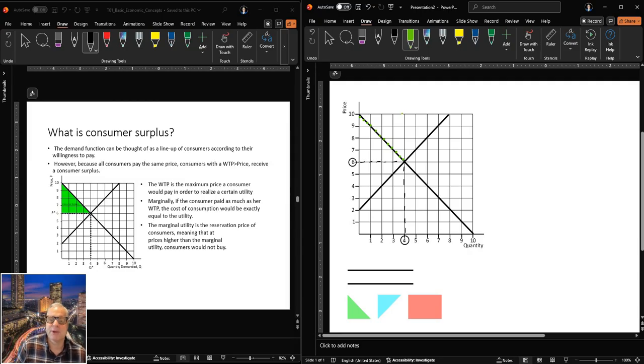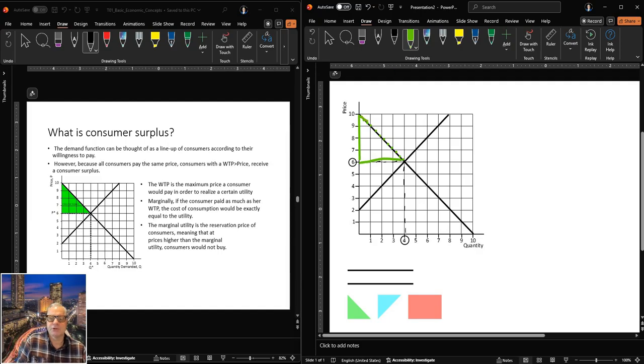So let's say this is a bar and you can get a milkshake for $6. Somebody craving a milkshake would pay 10, but they have to pay only 6. So in this moment they get consumer surplus. So consumer surplus is, in geometric terms, this triangle.